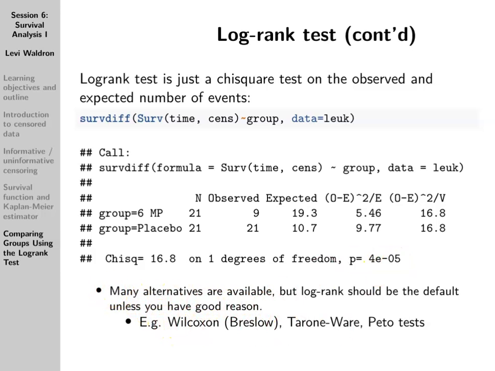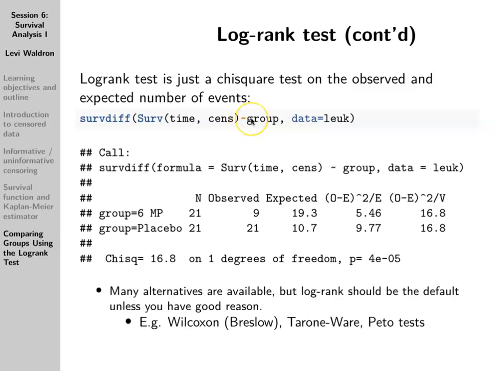What I understand about these other tests is that they place more emphasis on late events or on early events, whereas all events are equally weighted in the log rank test. In the next session, when we get into proportional hazards models, you'll have additional tools at your disposal for doing hypothesis tests, especially in multivariate analysis.